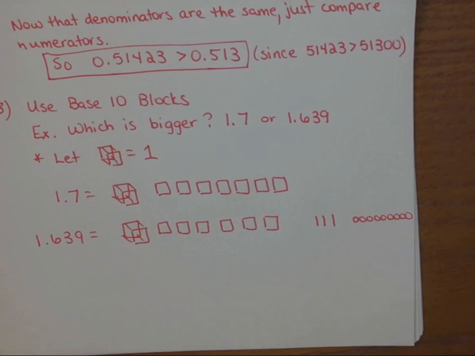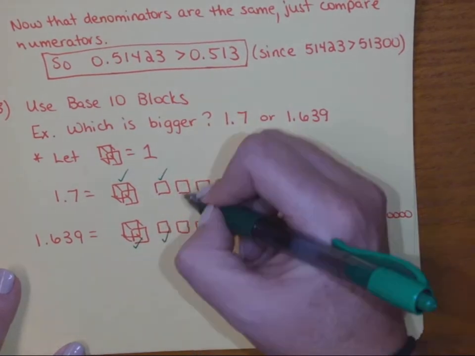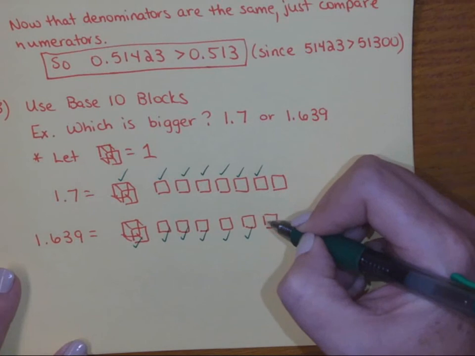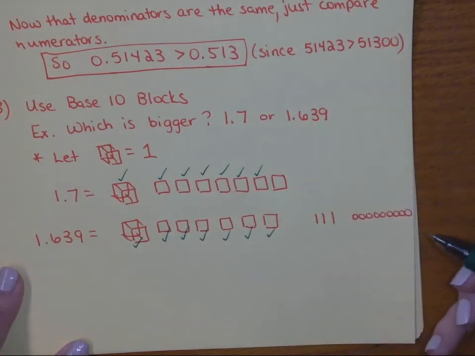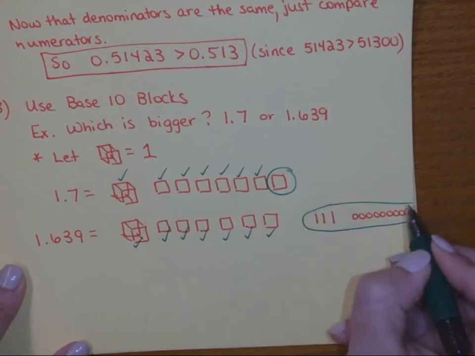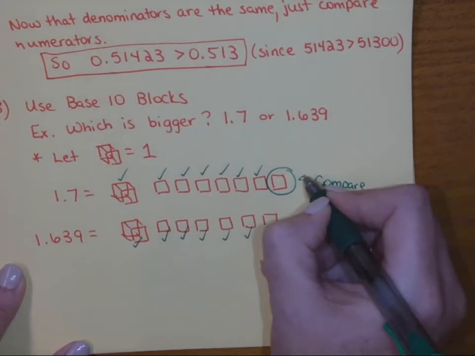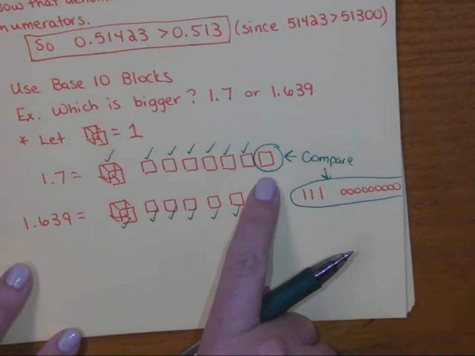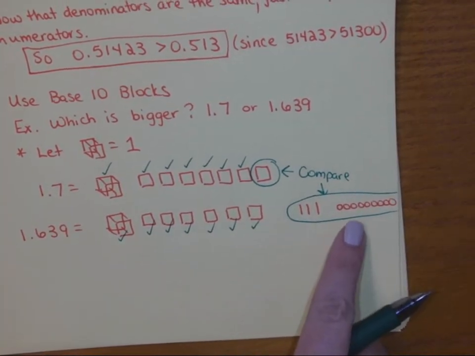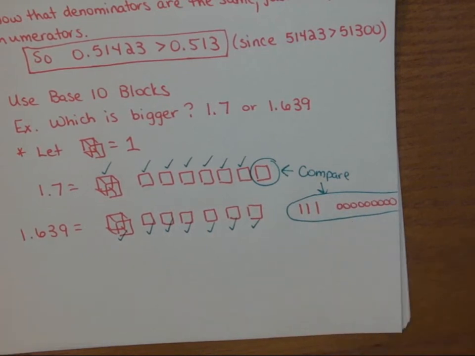So notice it's kind of like a digit by digit comparison. These are the same as each other, so we're good there. These are the same. You basically compare until you hit a snag, until you hit something that is different. Okay, so now notice what's left. We have this left, and we're going to compare it to the left over here. So you're really asking yourself which is bigger, which is more, a flat or 3 longs and 9 units. Okay, notice a flat would actually be 100 units, right? So clearly bigger.